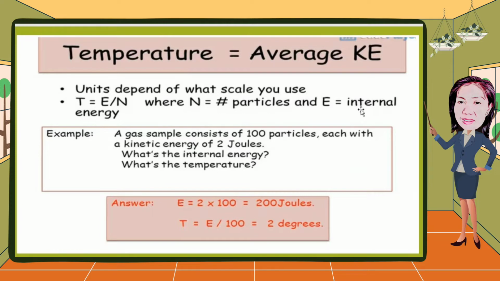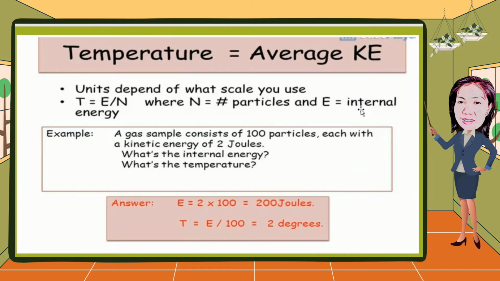E is the total kinetic energy of all molecules in a substance. So we have already computed the total kinetic energy of all molecules in the substance, and that is 200 joules.